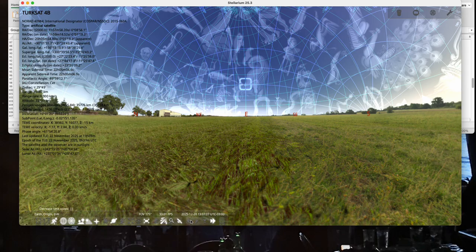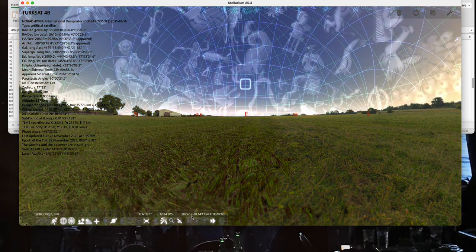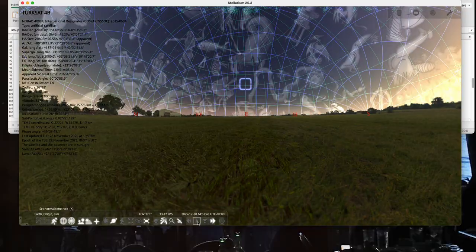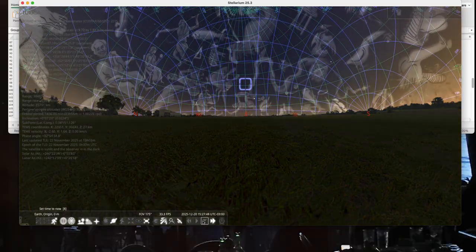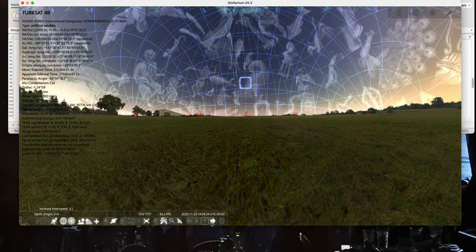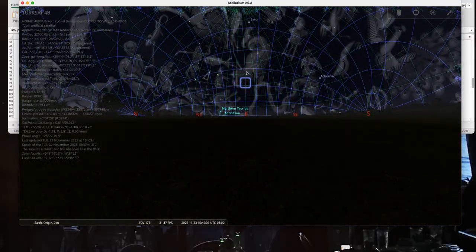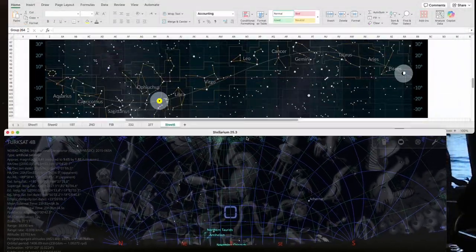And I'll set the time of this. I've been running this for a while, so we're up to December 20th right now. I'll set this back to current time, which is set time to now. Okay, so now what I'm doing is I'm tracking these because I'm trying to understand these cycles.